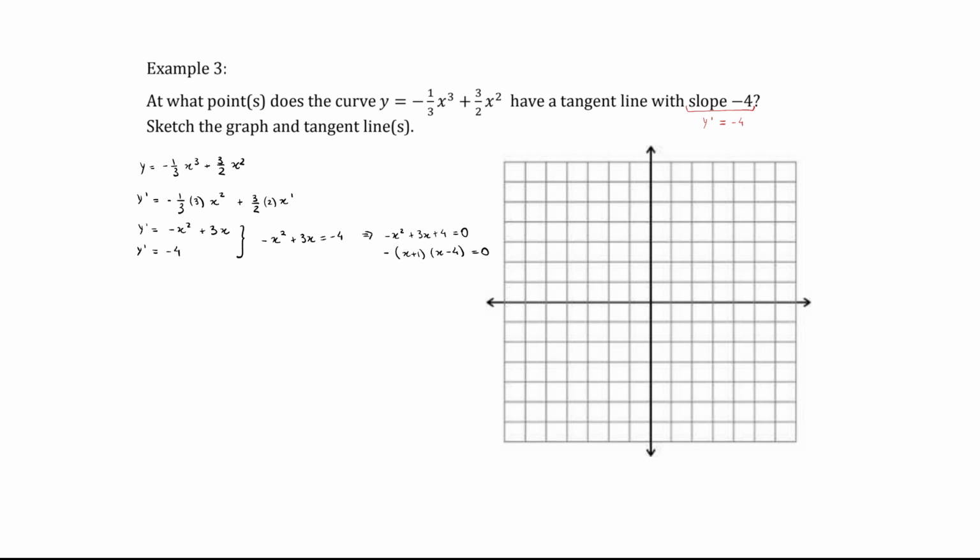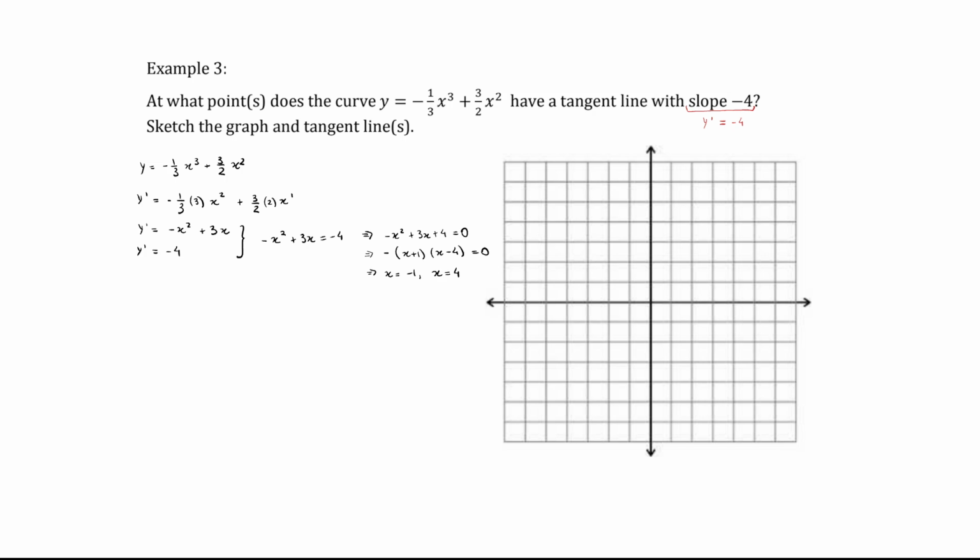So here I end up with x is equal to -1 and x is equal to 4. So I have two values of x at which the tangent would have a slope of -4.